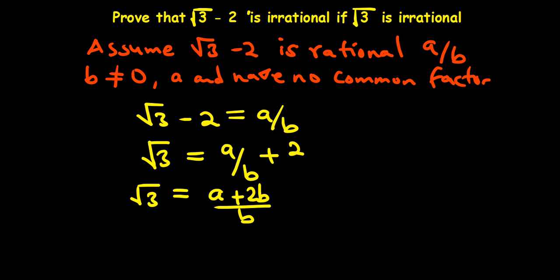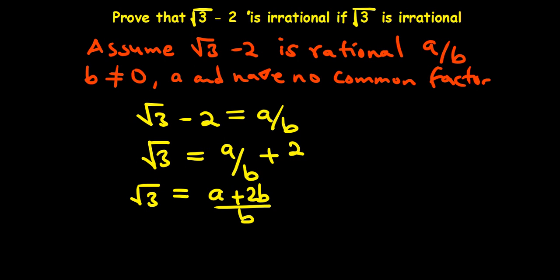Now, as I can see here, a plus 2b and b, they have no common factors. Like they have no common factor that can go into a plus 2b without leaving a remainder, and also into b.